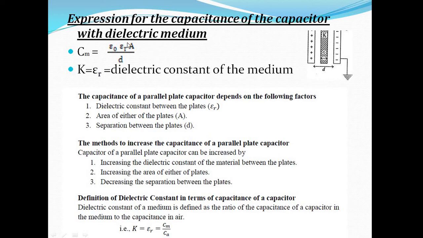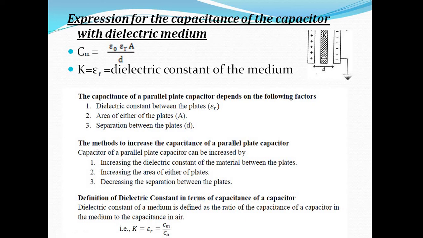The only new term is epsilon r or k, that is the dielectric constant or relative permittivity of the medium which is placed in between the plates.